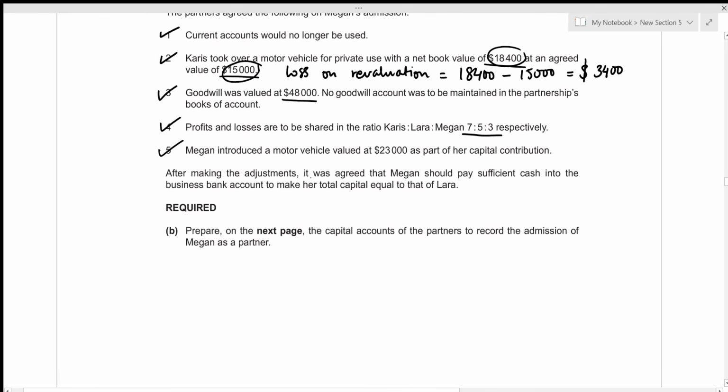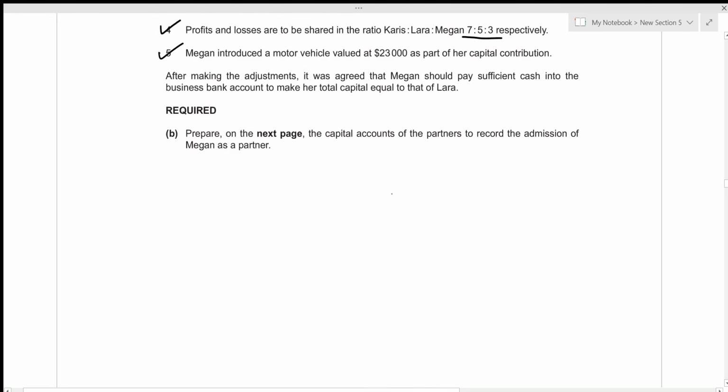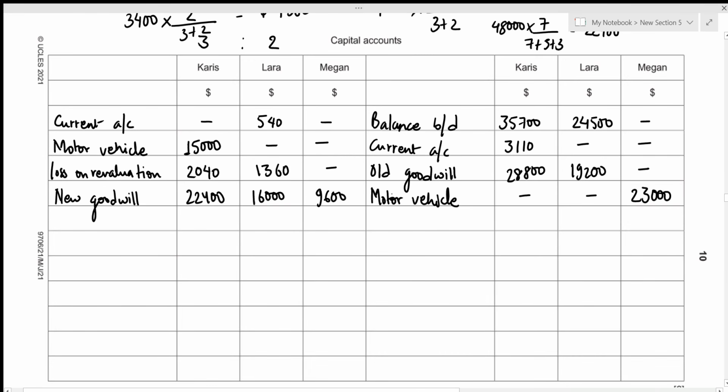Now, after making the adjustments, it was agreed that Megan should pay sufficient cash into the business bank account to make her total capital equal to that of Lara, which means that Megan's capital introduction is not just the 23,000 as part of the motor vehicle, but also cash paid. So we can just note it down as bank, but we do not know the amount yet.